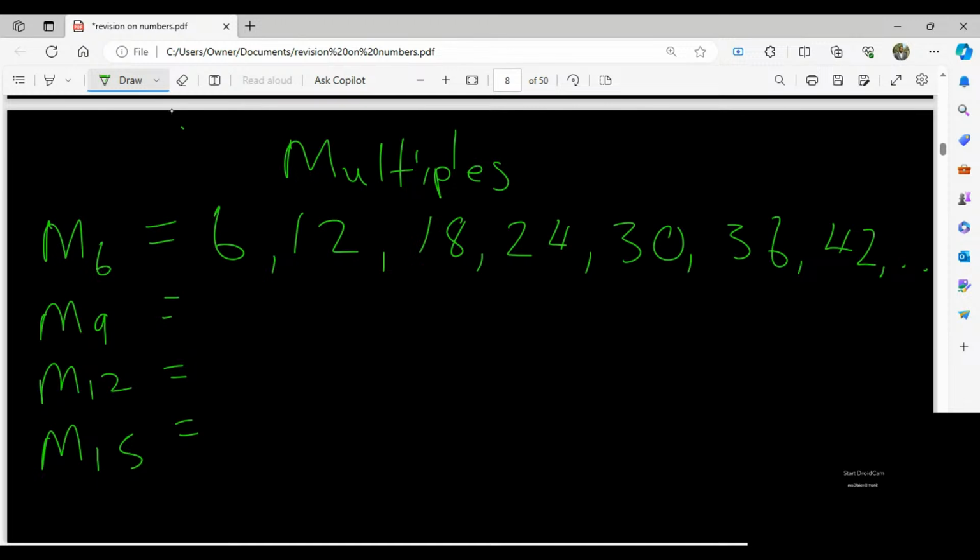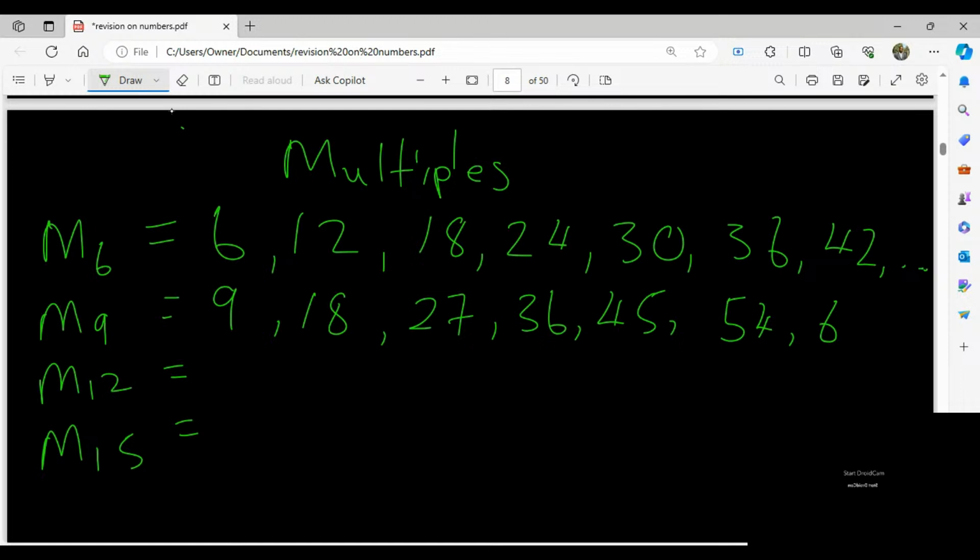Let's just put 3 dots here, showing that the numbers continue up to positive infinity. The multiples of 9 include 9 itself, 18, 27, 36, 45, 54, 63, and continues up to infinity.